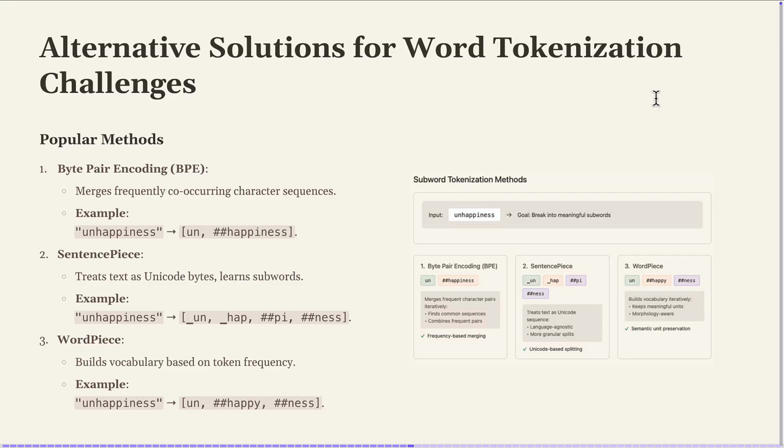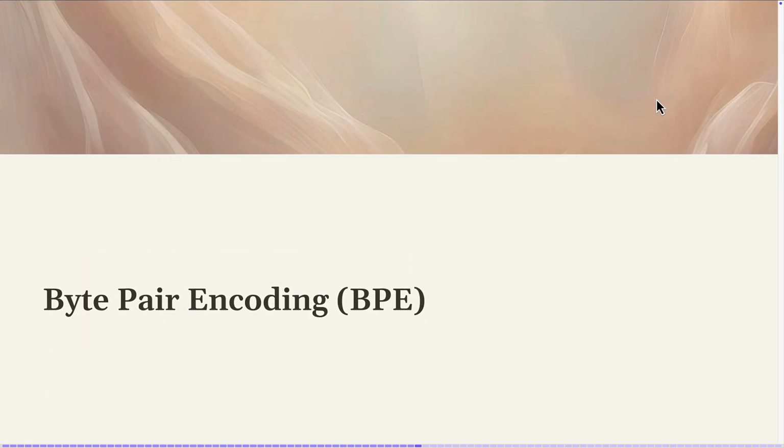I will show you the difference. And WordPiece will build vocabulary based on token frequency. So let's start with byte pair encoding.